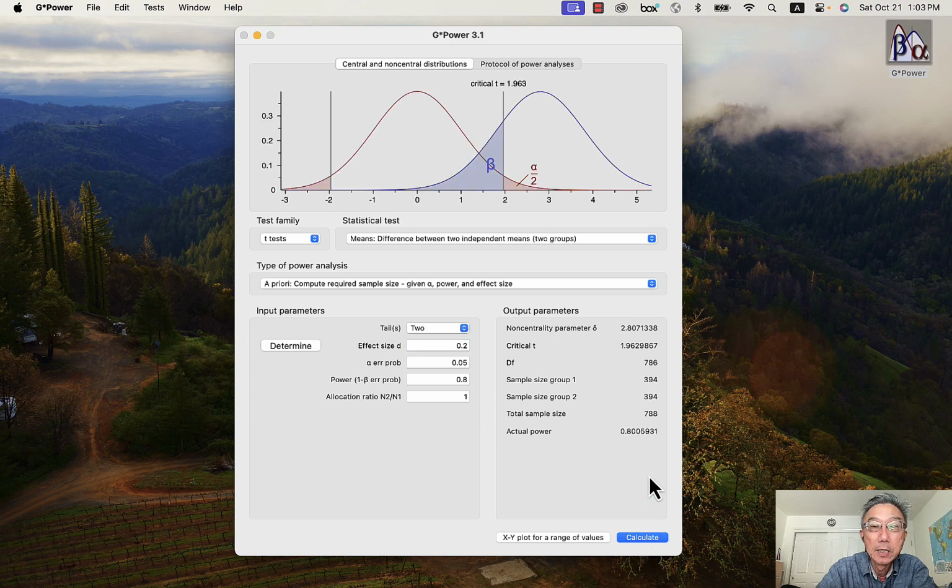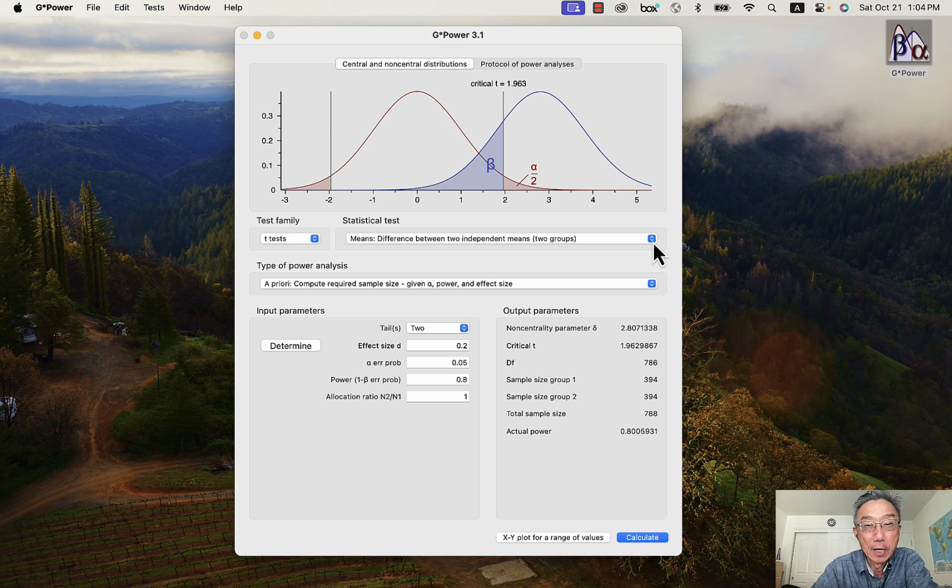Now we need 394 participants in each group for a total of 788. So if the effect size is very small, to achieve the same level of power, we need a lot more participants.